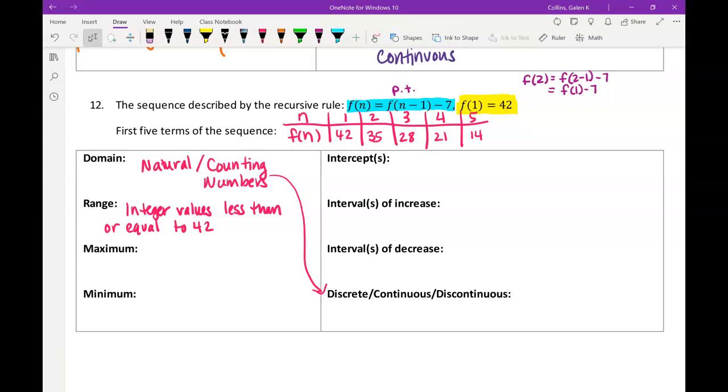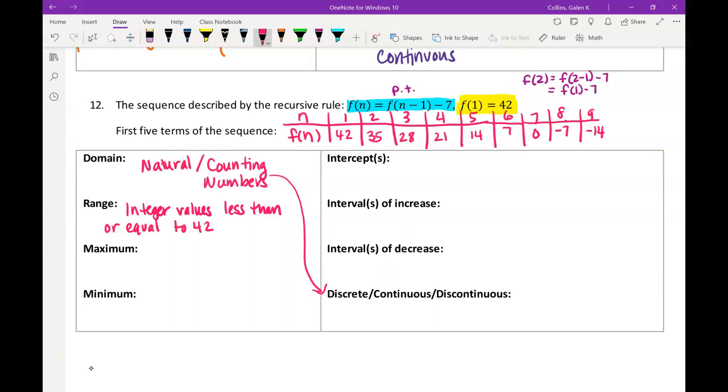And so if you're like, wait, integer values, that includes negative numbers. Well, I know we only had to come up with the first 5 terms, but let's say I keep going. My 6th term would be 7, my 7th term would be 0, my 8th term would be negative 7, and this pattern would continue into the negatives. So that's why I use the word integer instead of whole number or natural number.